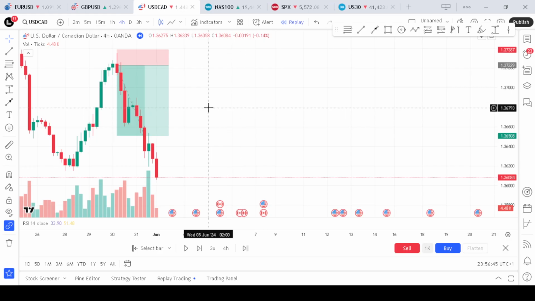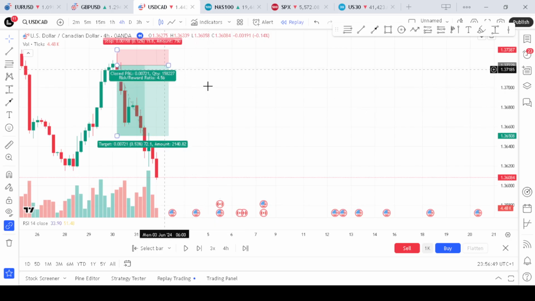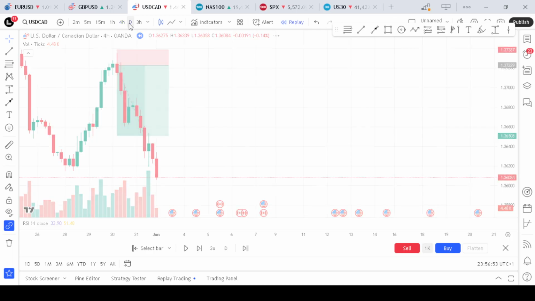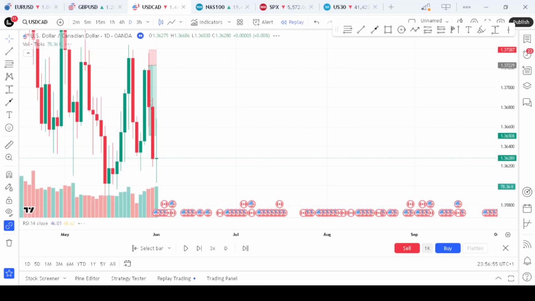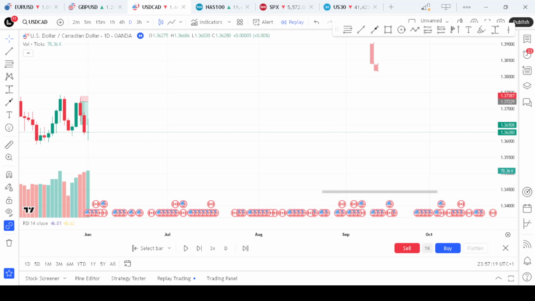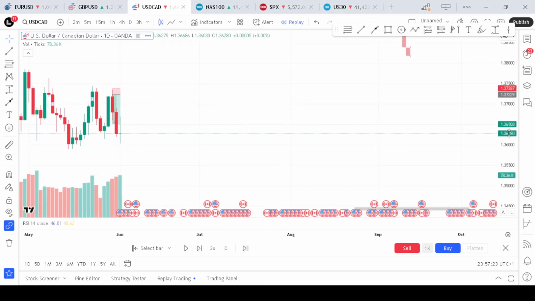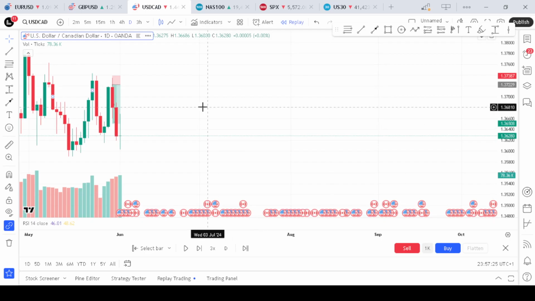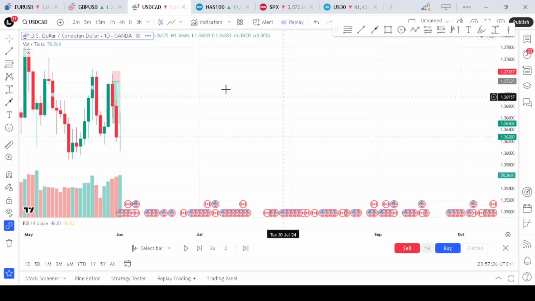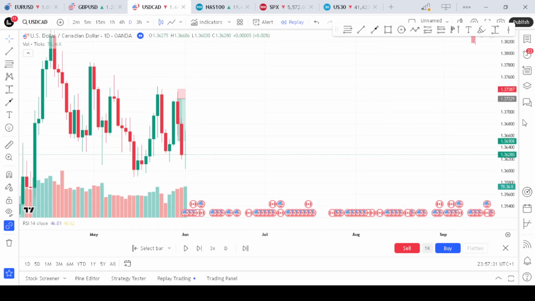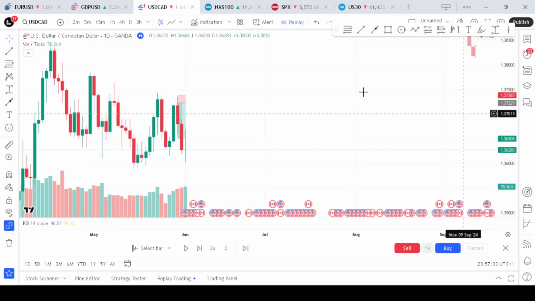We can also add confidence to our trade by always looking at the higher time frame. If we see bearish signals in both time frames, it signifies that the overall trend is to the downside. As we can see from the higher time frame on this chart, the daily time frame was trending to the downside, further confirming our bias.